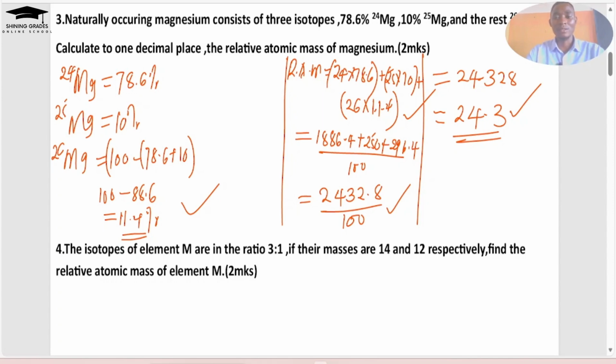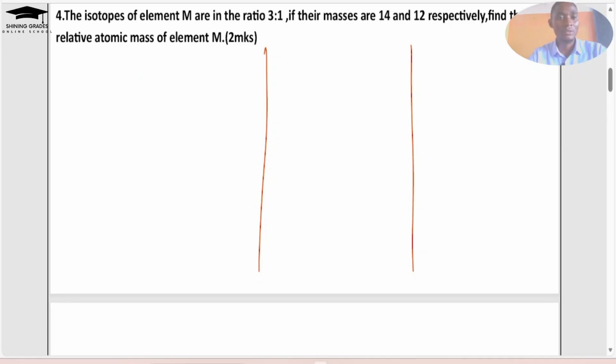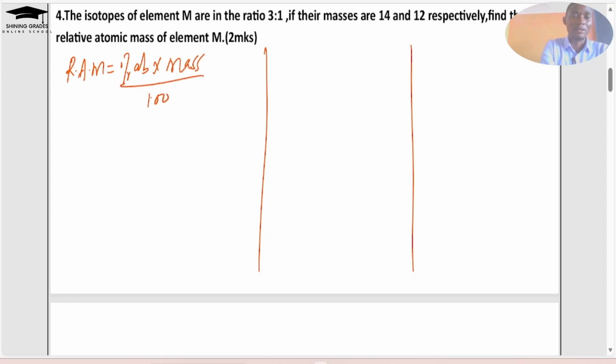Next question. The isotopes of element M are in the ratio 3:1. If their masses are 14 and 12 respectively, find the relative atomic mass of element M. So applying the same formula, relative atomic mass is given by the percentage abundance multiplied by the masses over 100.